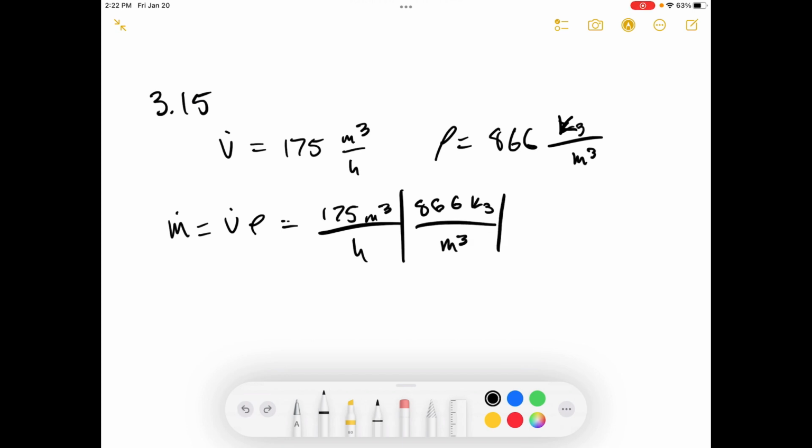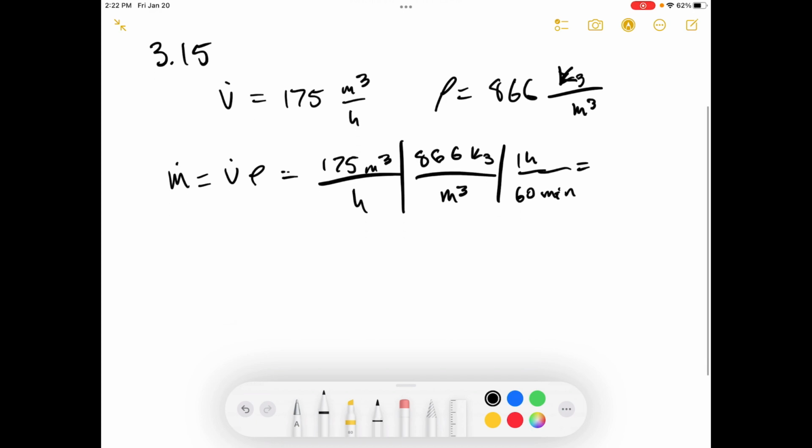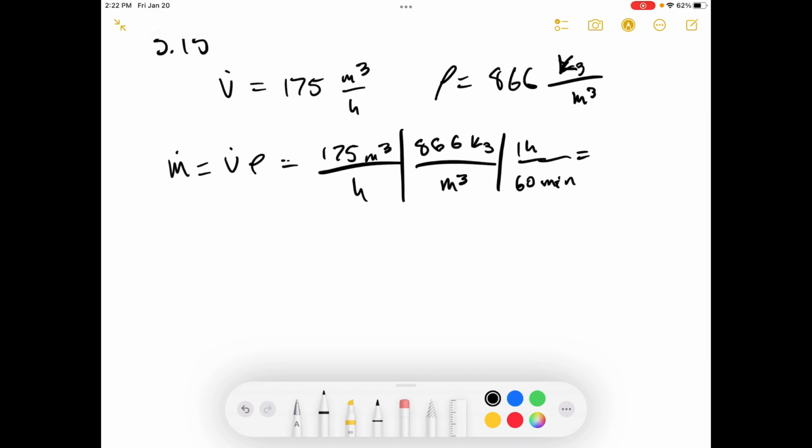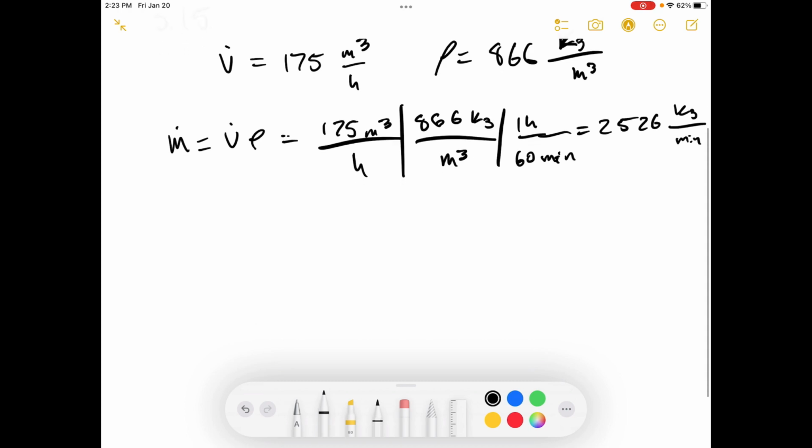And they want it in minutes, kilograms per minute. So in 1 hour there are 60 minutes. Okay, and that equals kilograms per minute. Okay, that's the answer to part A.